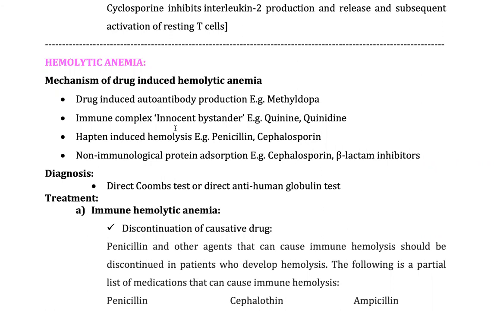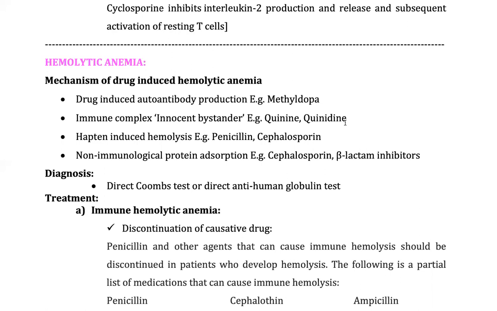Immune complex innocent bystander, that is quinine and quinidine. In the last lectures, we discussed quinine and quinidine. These are quinoline derivatives and the main treatment in the management of malaria, the malarial parasites.